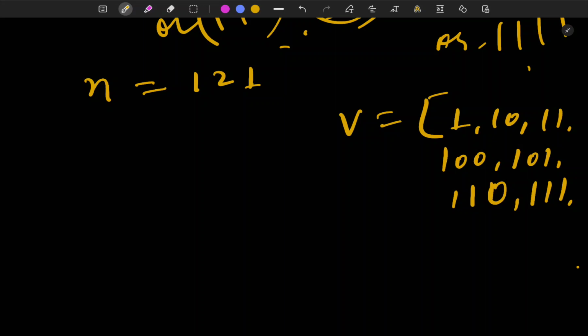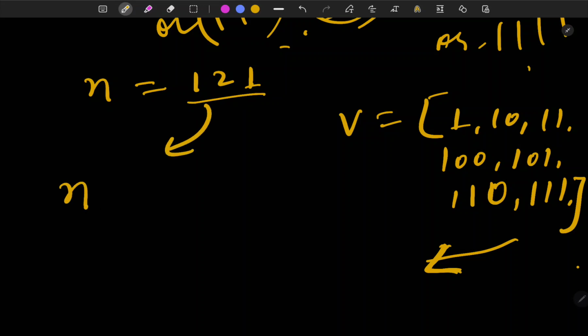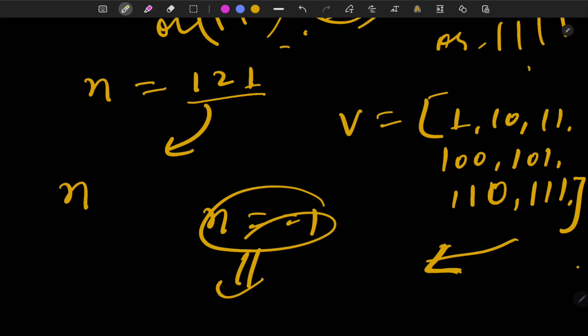There are a lot of numbers, and then I will iterate from the back, and in each iteration I will divide. I will keep dividing this number n until n is equal to 1. If it is equal to 1, then I will just break the loop.